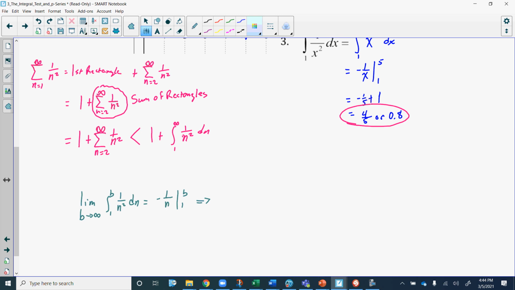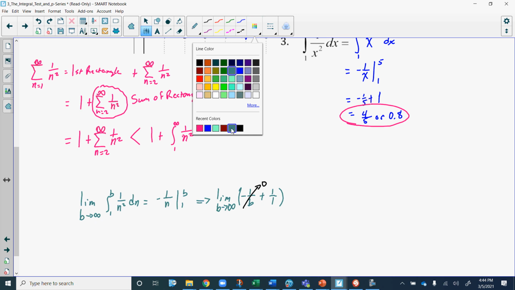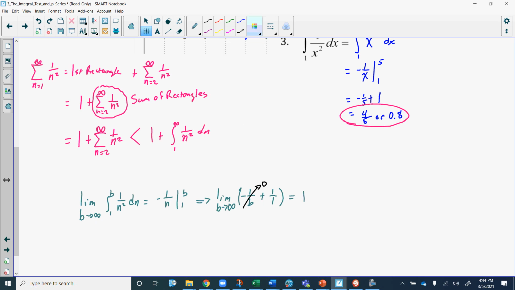In this case, that's going to be the limit as b approaches infinity of, doing my substitution now, negative 1 over b minus negative 1 over 1, which in that case will be a plus 1. And as we evaluate this going towards infinity, we can see that this will go towards 0 as b approaches infinity. So the limit of this expression is 1.